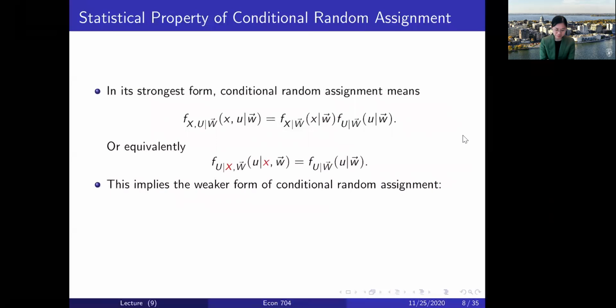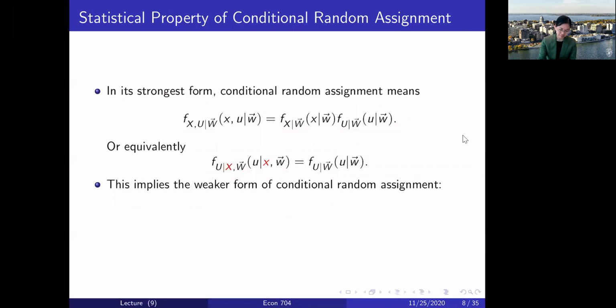And there is another way to write this, which is the conditional distribution of U given X and W equals the conditional distribution of U given only W. Okay, so that is X can drop out of this conditioning set. Okay, so these two statements are equivalent. You can derive one from another using conditional density formula.